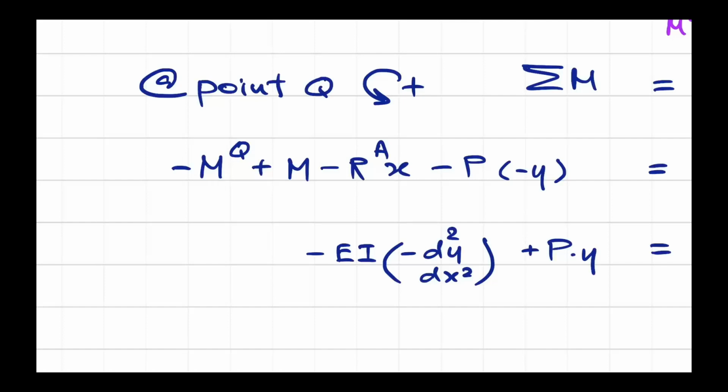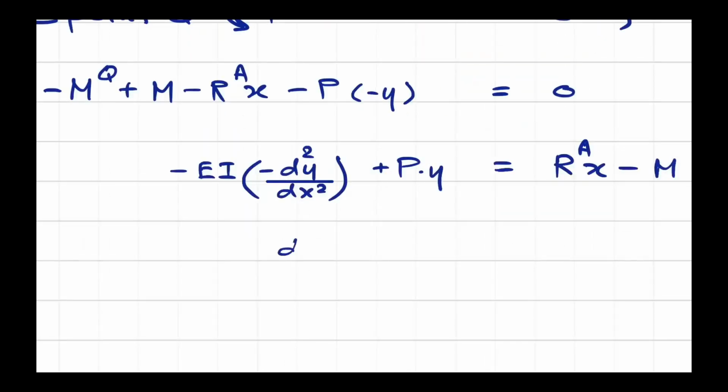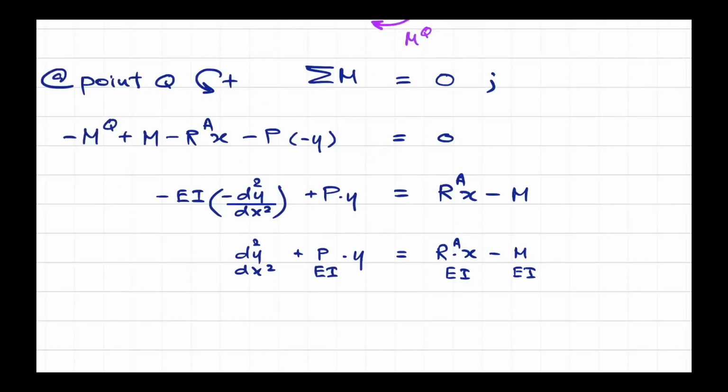So that neutralization brings you to the positive y double prime plus P over EI times y equals RA x over EI minus M over EI.